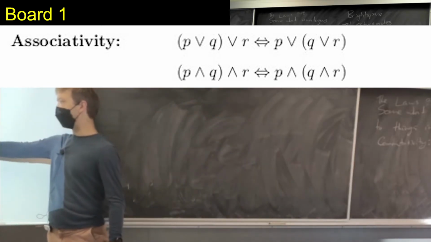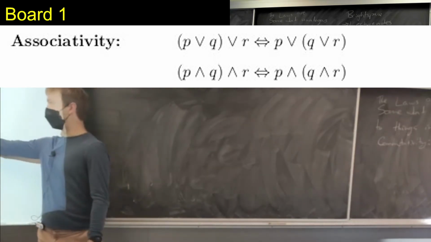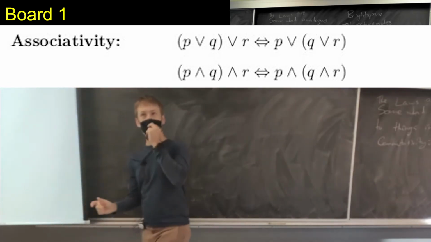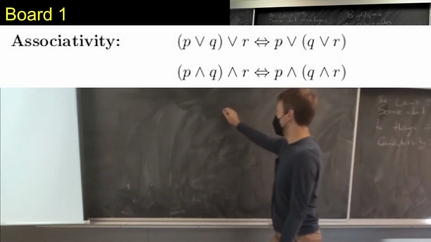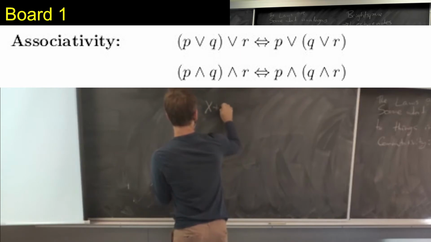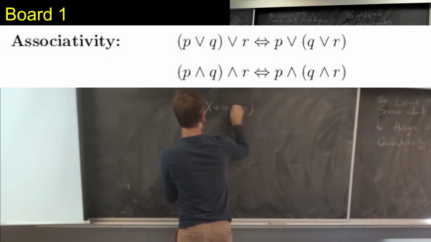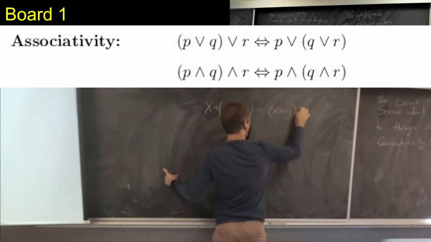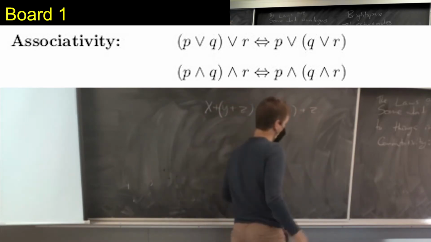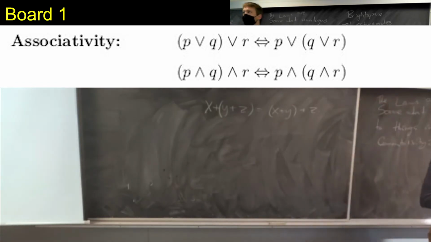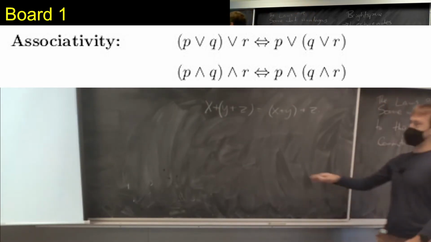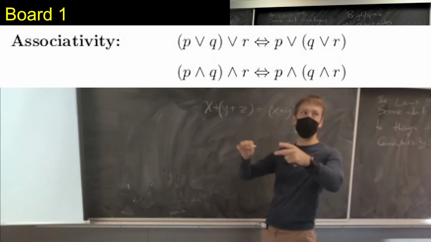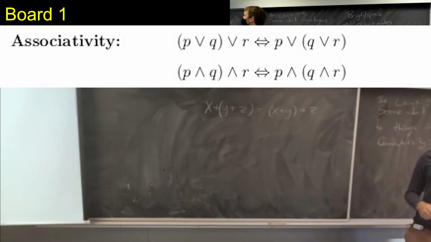And the same with and, but you can't do this if there's an and and an or. That's the same thing as x plus y plus z being the same as x plus y plus z with the brackets moved, and similar with multiplication. But if I had x times y plus z, you couldn't just move the brackets around, right?